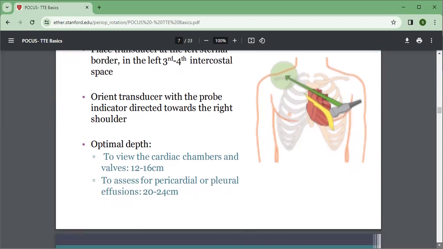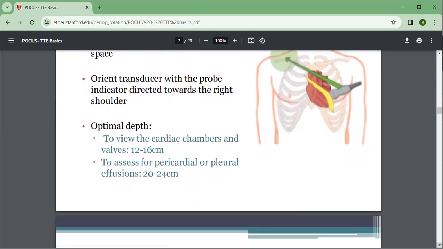So if you want to visualize the cardiac chambers, the heart chambers, you have to set the optimum depth. You have to adjust the knob on the ultrasound to 12 to 16 centimeters if you want to visualize the heart chambers using parasternal long axis.